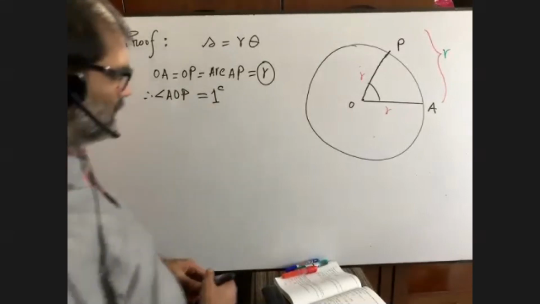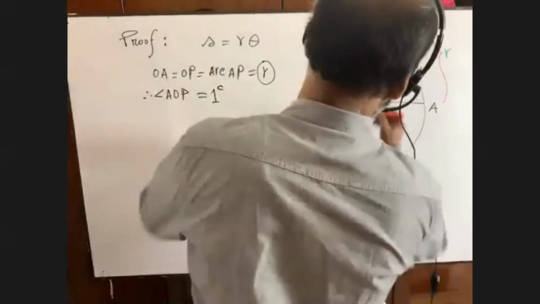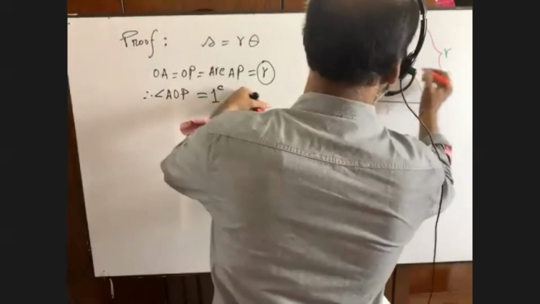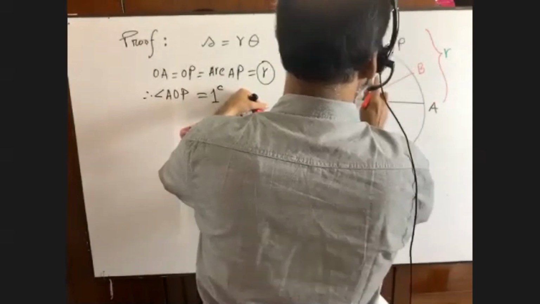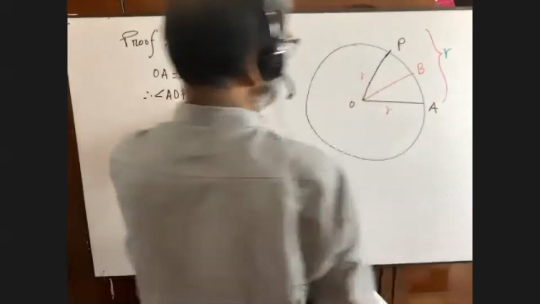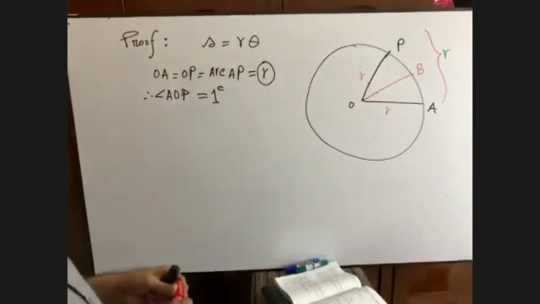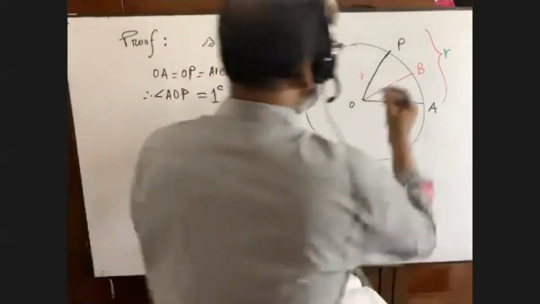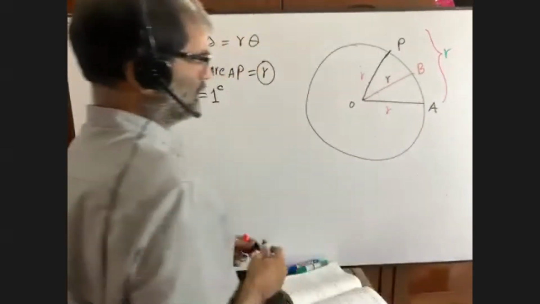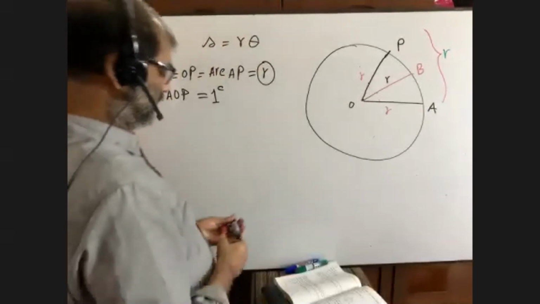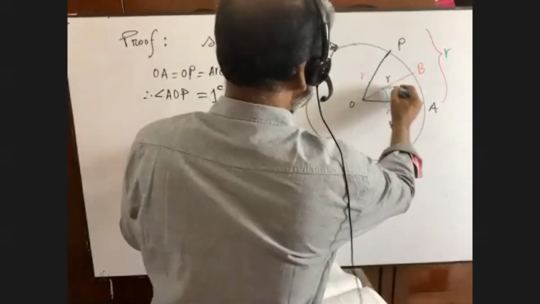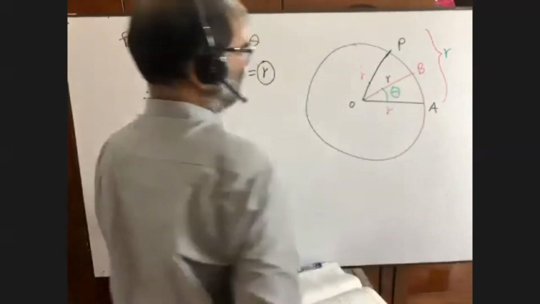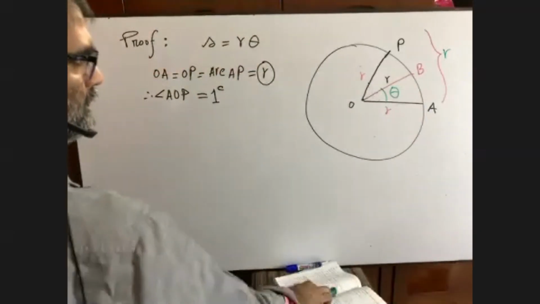Now you see, I have taken another point here. Suppose it is B. I have taken another point. It is B. And you know, it is also R, right? Now, very good. We mark the angle as theta. Any problem?